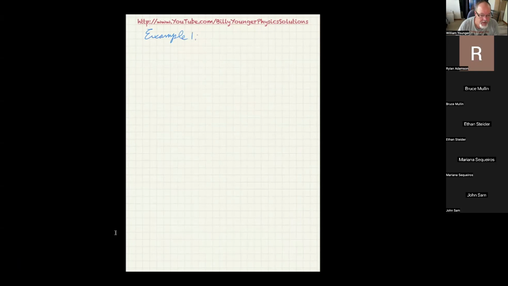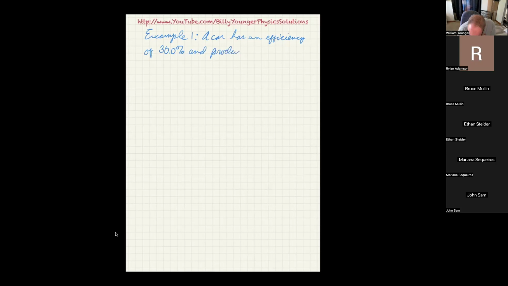Example 1. A car has an efficiency of, let's say, 30.0% and produces 25,000 joules, which equals 25.0 kilojoules.